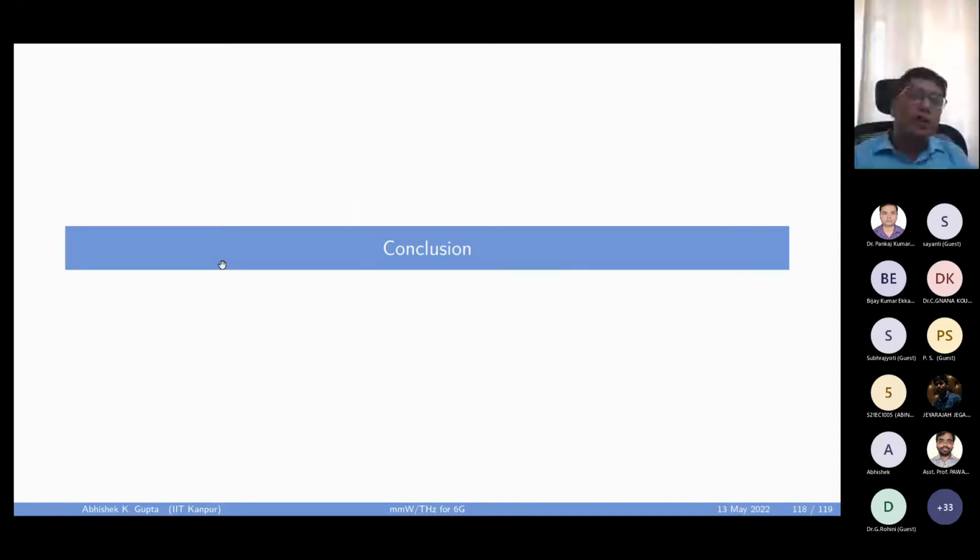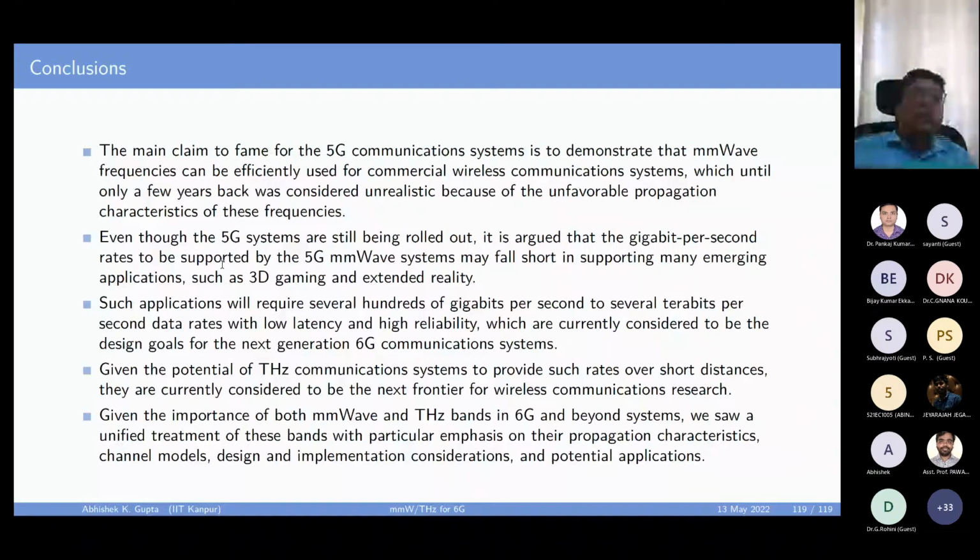So now let's come to the conclusion. What we saw is that one of the interesting factors about 5G communication is the introduction of millimeter wave. Up to now, we have talked about a lot of different techniques and improvements, but we stayed on a similar frequency. In 5G, we proposed and made it a reality to use millimeter waves. And this is not a simple task.